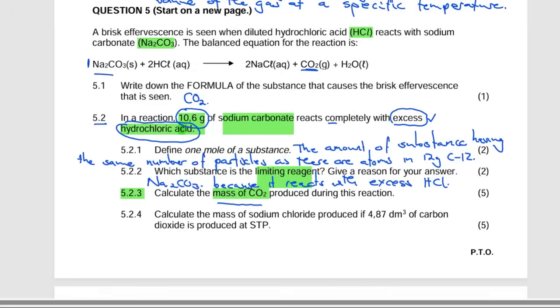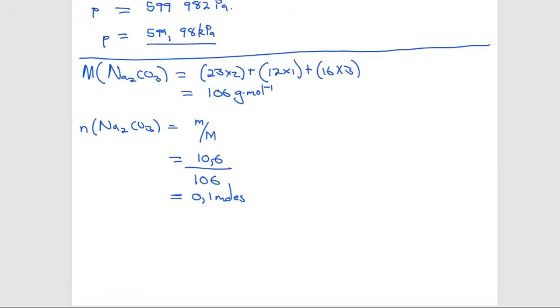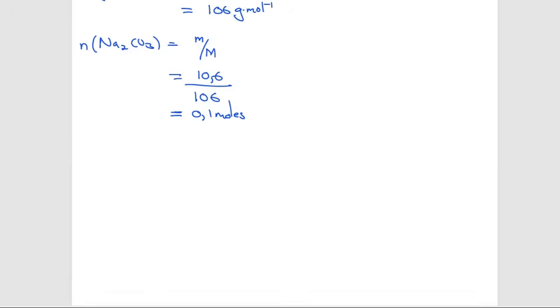The mole ratio between sodium carbonate, Na2CO3, and carbon dioxide, CO2, is 1:1. If it's 1:1, it means we're going to use the same number of moles for carbon dioxide. Therefore, if I'm using 0,1 on this side, I'm going to use the same number of moles, 0,1, on this side.